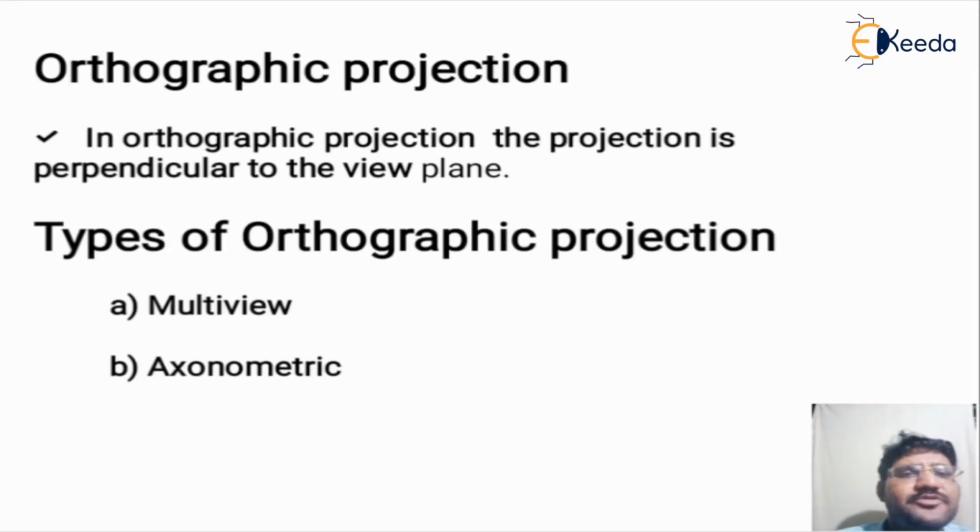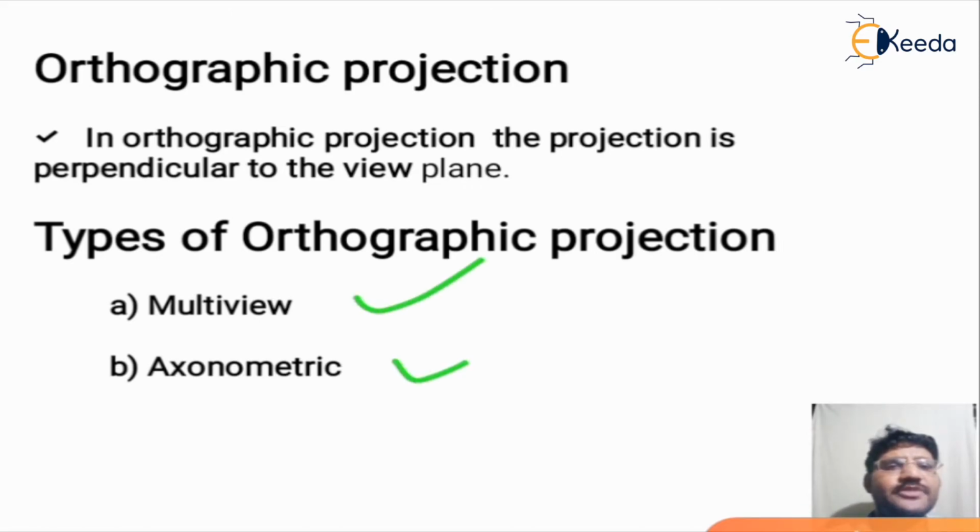The first type of parallel projection is orthographic projection. In orthographic projection, the projection is perpendicular to the view plane. Orthographic parallel projection can again be classified into two categories: number one, multi-view orthographic parallel projection, and number two, axonometric orthographic parallel projection.